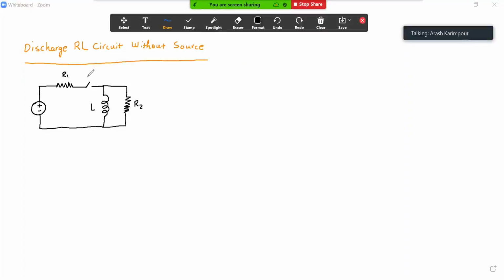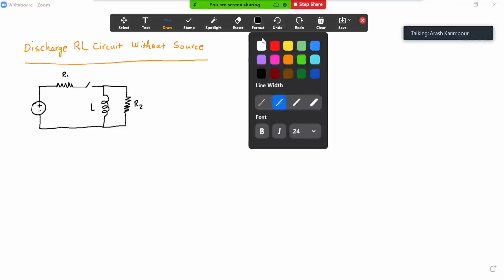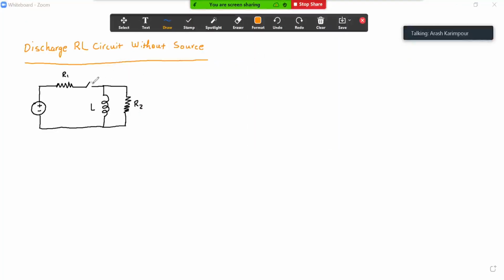So assume that in this case the key is already closed for t before 0. So when it's closed, for t before 0, this inductor becomes fully charged, and eventually starts to behave like a short circuit.